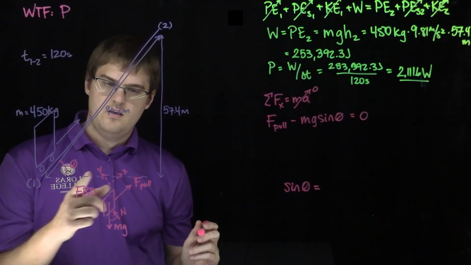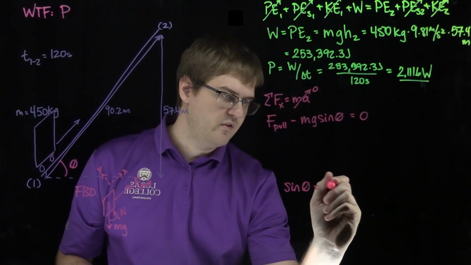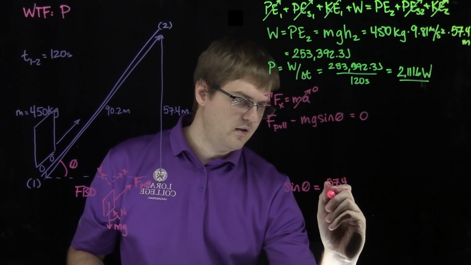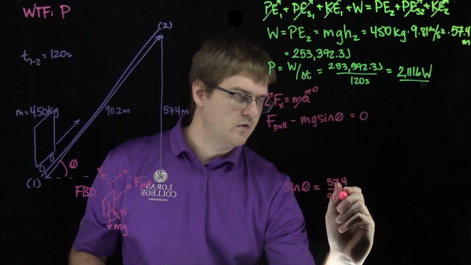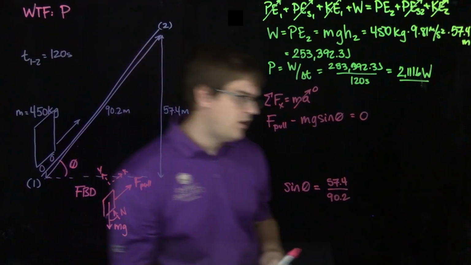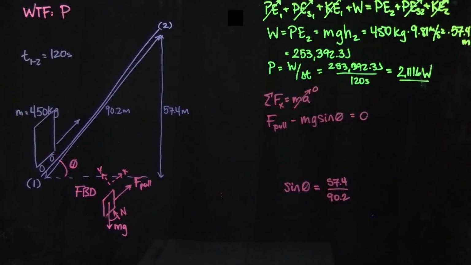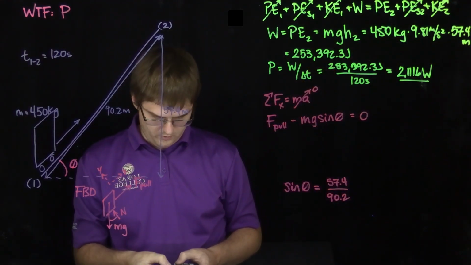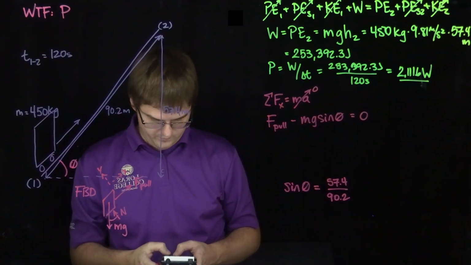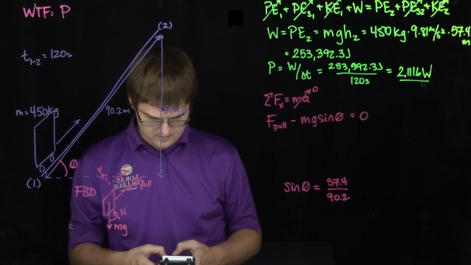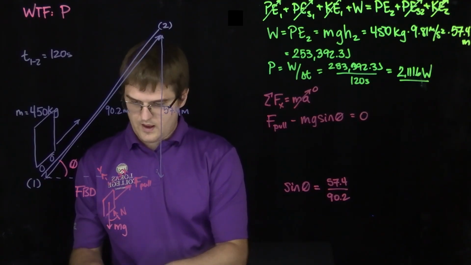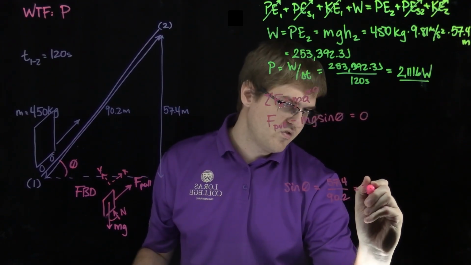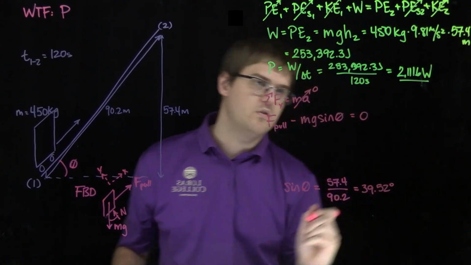So sine of theta is going to be opposite 57.4 divided by 90.2. So sine inverse of 57.4 divided by 90.2 gives me an angle of 39.52 degrees.